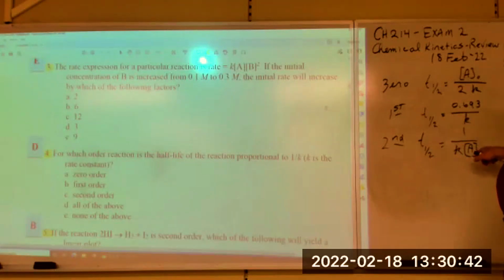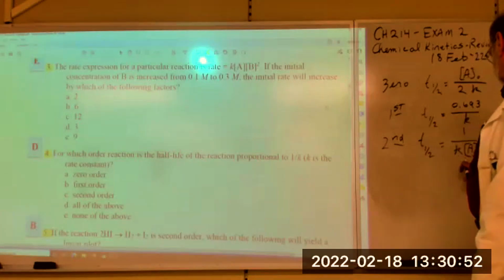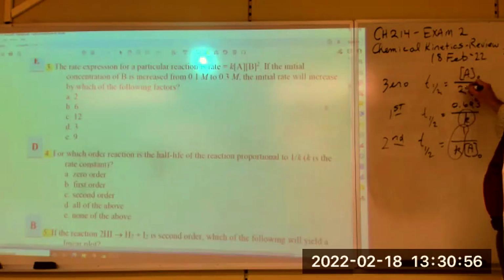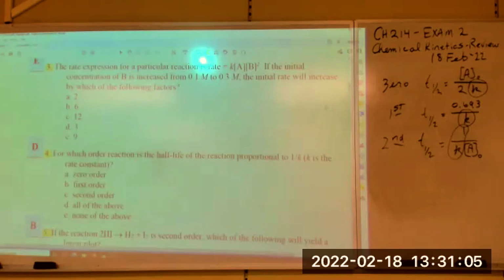So that puts this one down here. Okay, so to answer the question, which ones of these are proportional to 1 over K? They're all proportional to 1 over K. The inverse of K is proportional to each one of them.